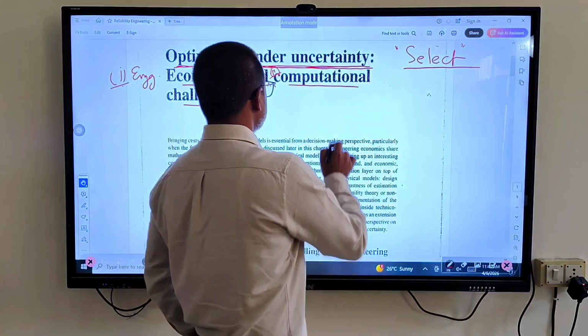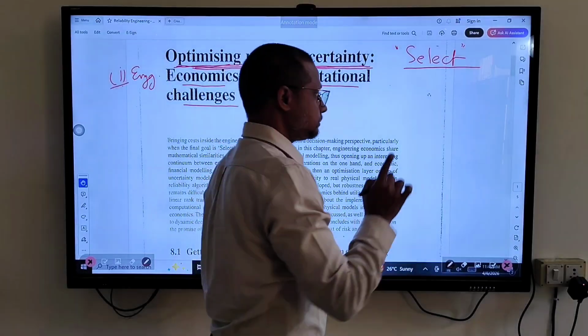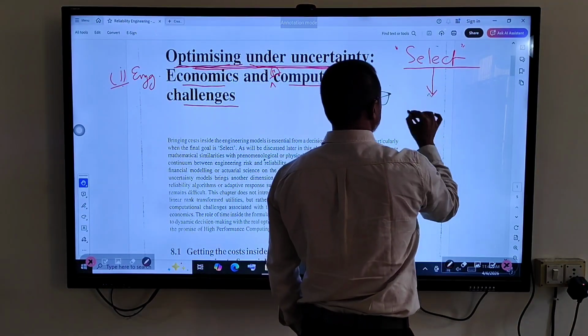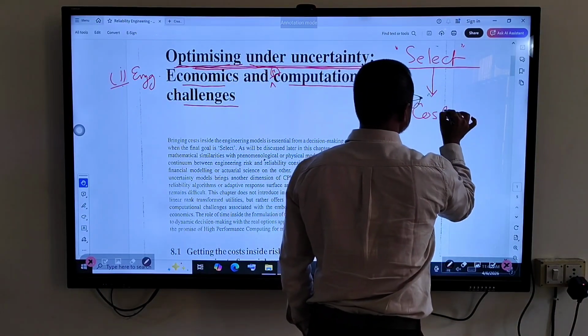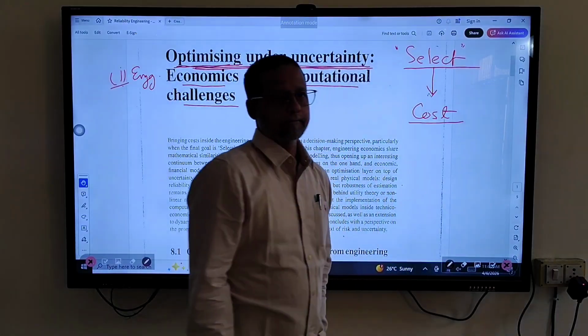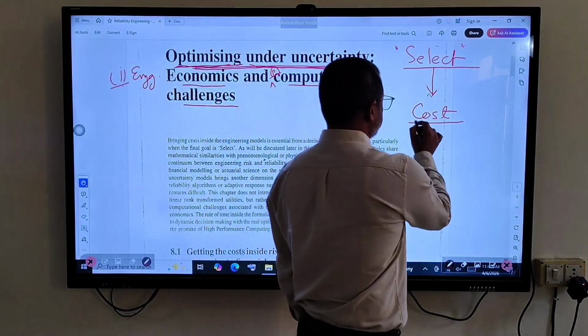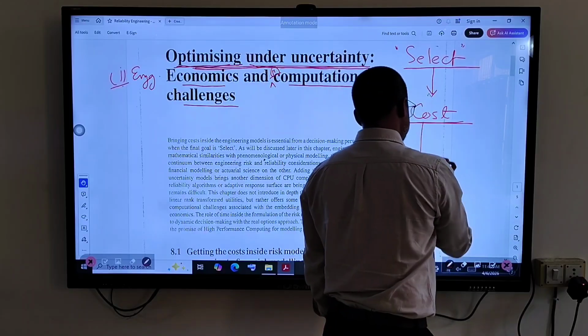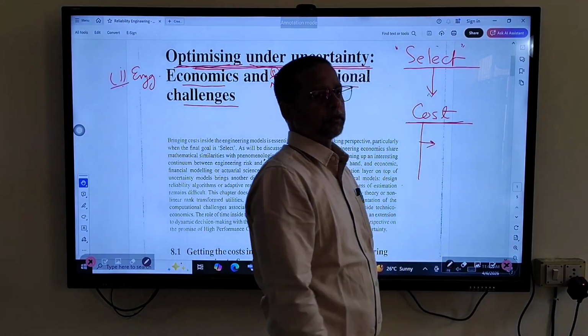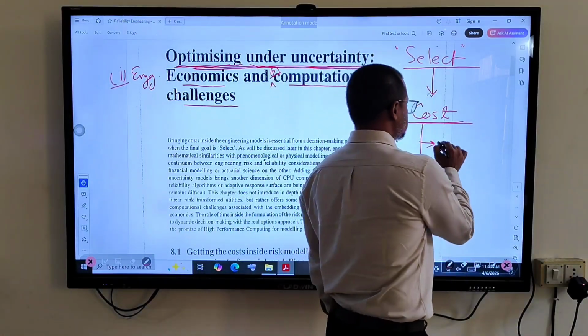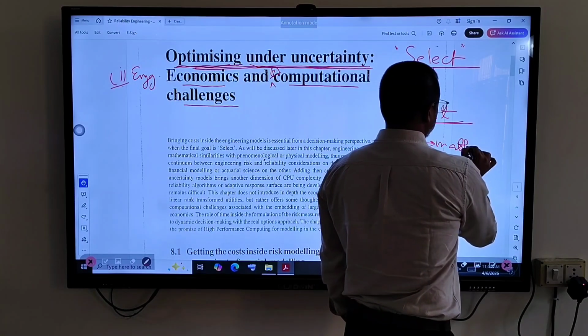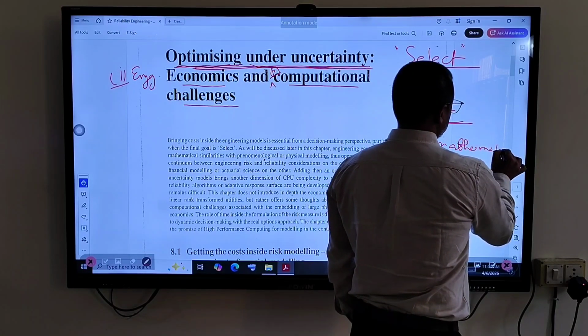So therefore, when you are going to select a system, the very first matter you have to argue is cost. Done. Now this cost is finalized based on certain parameters. Can you help me to identify? One is the mathematical model.